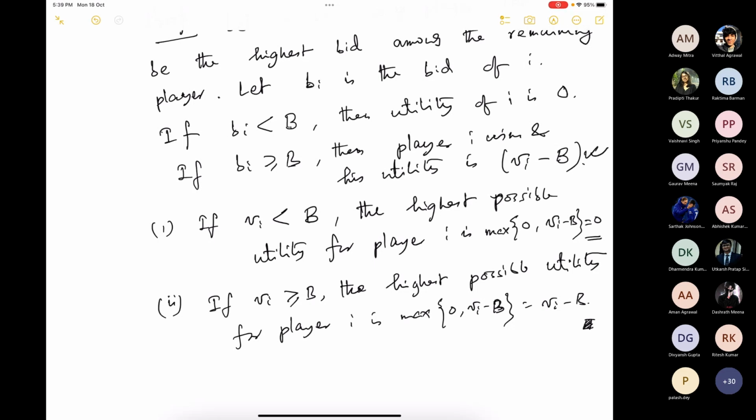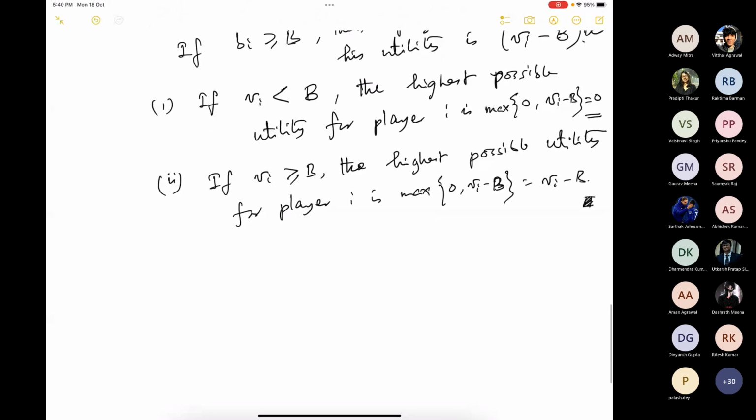So as we are saying, here it is much easier for the players, for the buyers, to participate in the auction. Okay, questions? Okay.